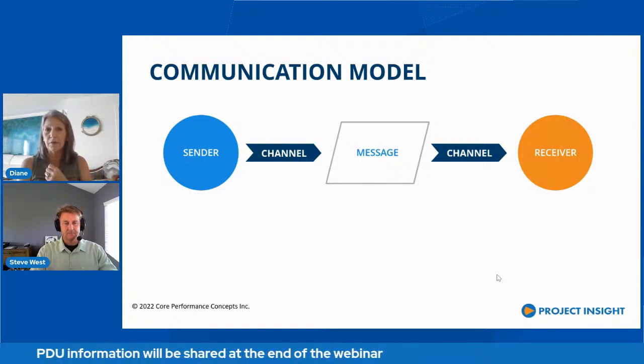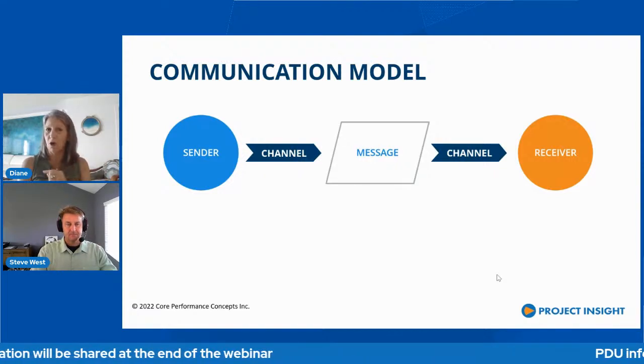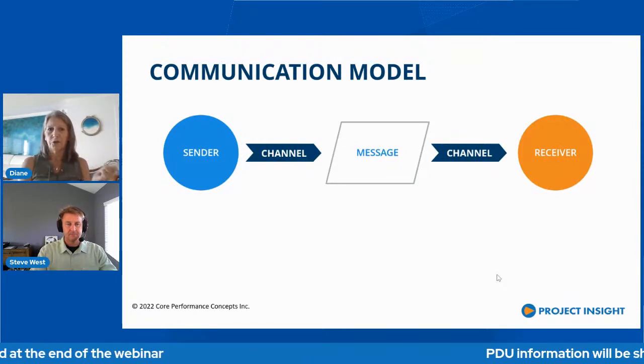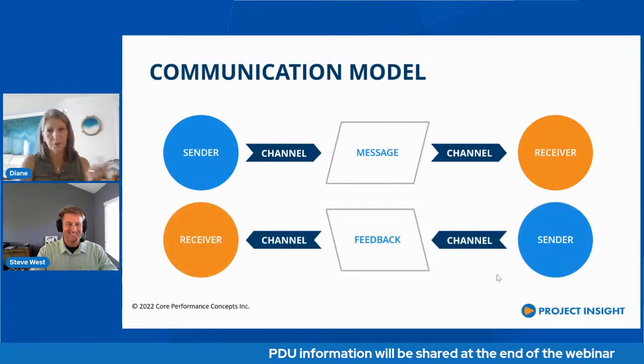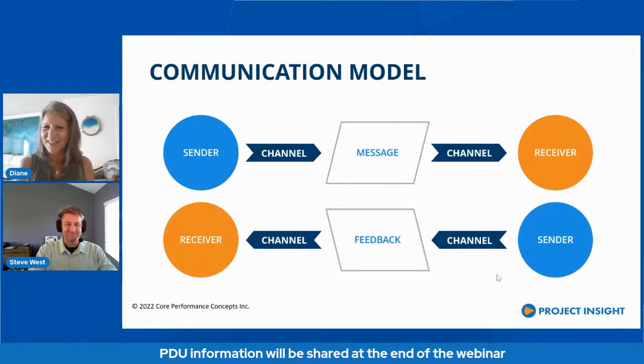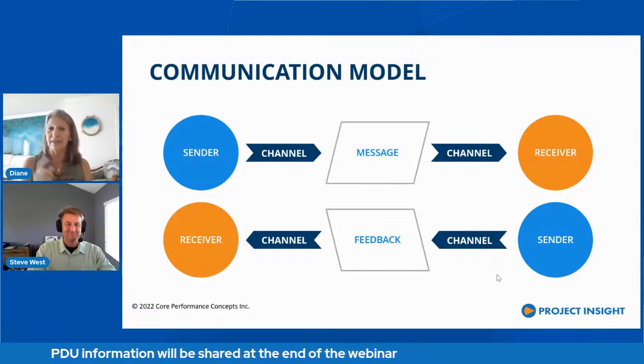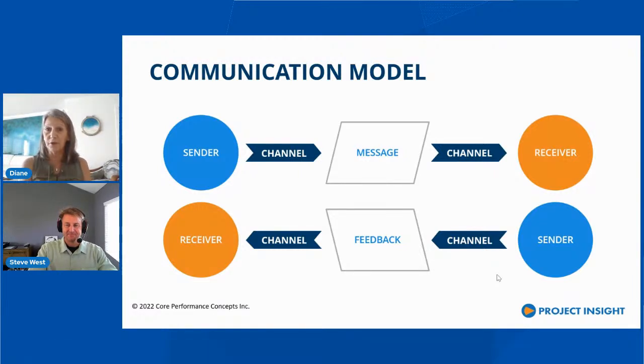How many times do you assume that it's all one way and that the receiver should have heard what you said? Always. Well, the reality is, thanks, Steve, that it's a two-way street. And if the receiver doesn't confirm back that they understood the message, then you have not communicated.